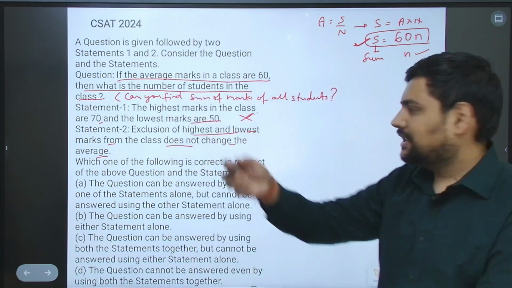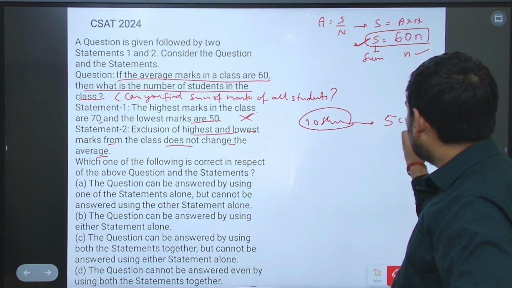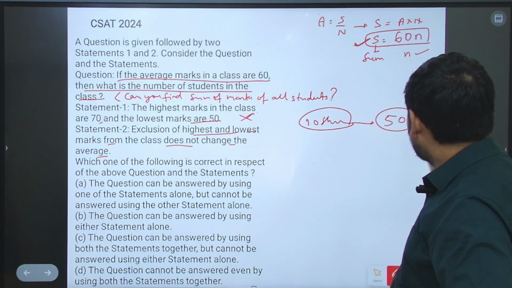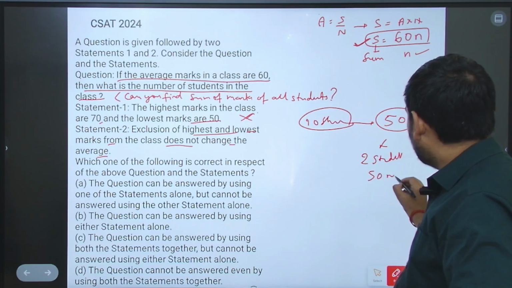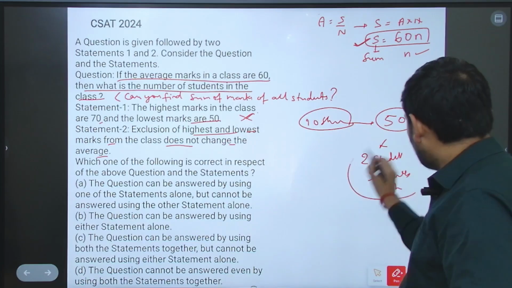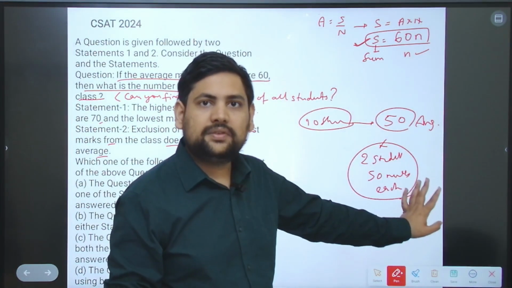This you understand? Correct. For example, there are 10 students who got different marks, ultimately 50 becomes the average. Now, if I remove two students who got 50 marks each, will the average change? No, the average won't change because they already were at 50 marks.